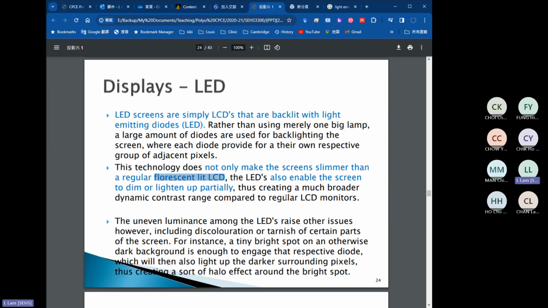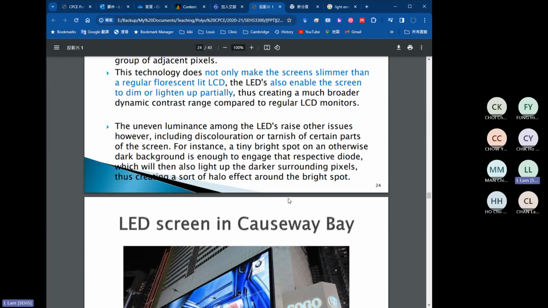The LED is also much better in terms of electricity consumption, so we can save more energy. Therefore, nowadays we stick to the LED screen, and the market is quite popular with this technology. The cost of buying this screen is pretty low, and everyone can afford it.